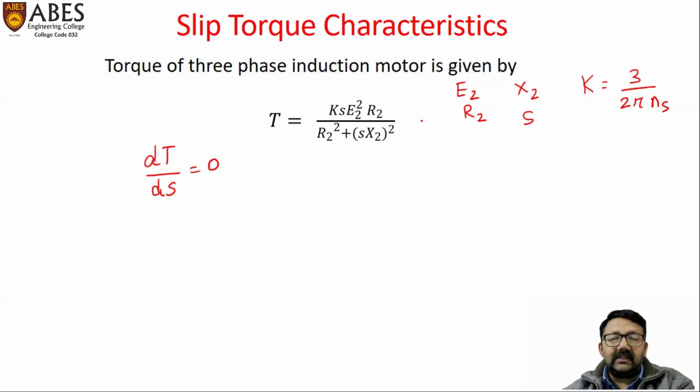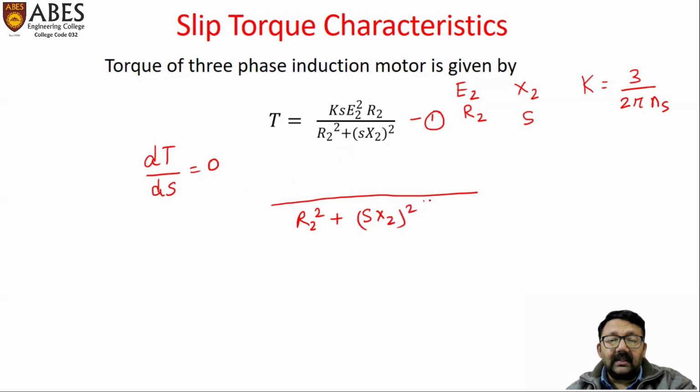So on differentiating equation 1 with respect to slip, in the denominator we get R2 square plus (S X2) whole square, the square of the total denominator.